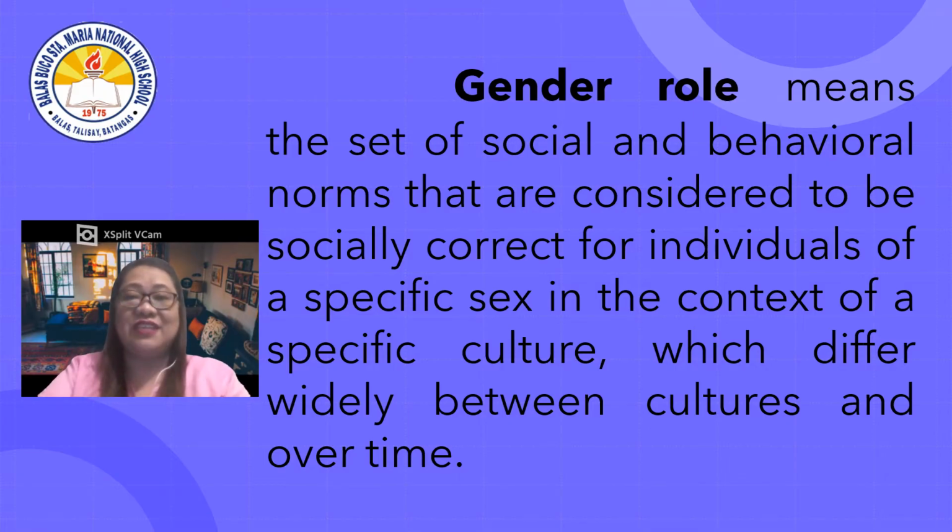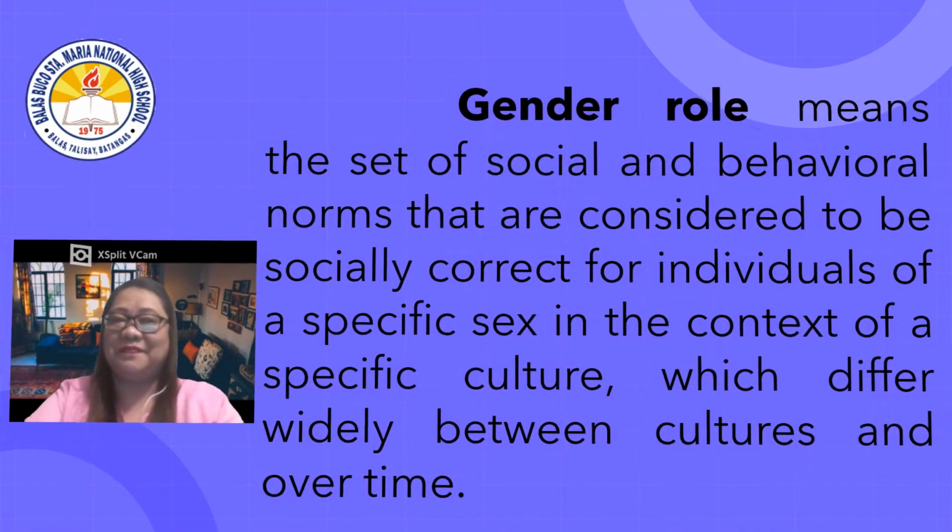When we say gender role, it means the set of social and behavioral norms that are considered to be socially correct for individuals of a specific sex in the context of a specific culture, which differ widely between cultures and over time.